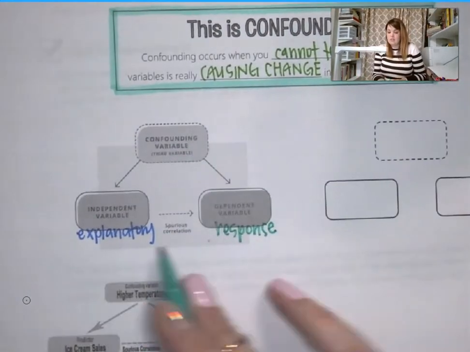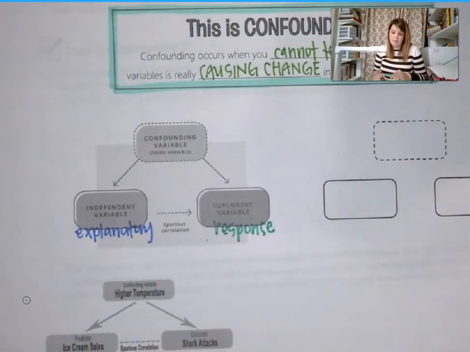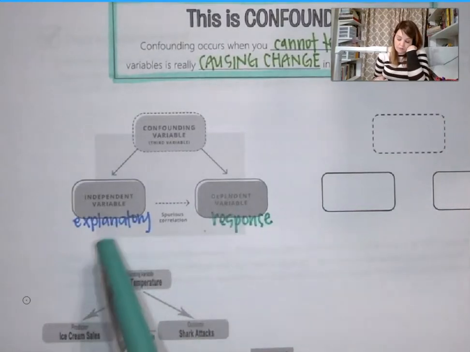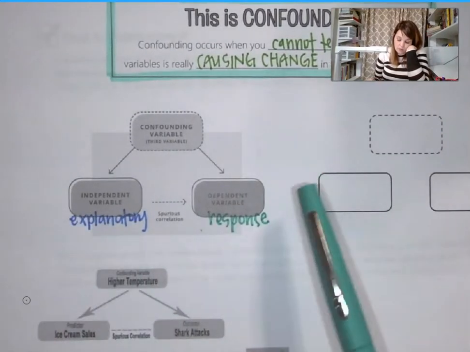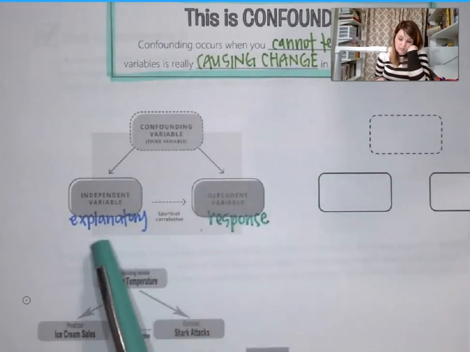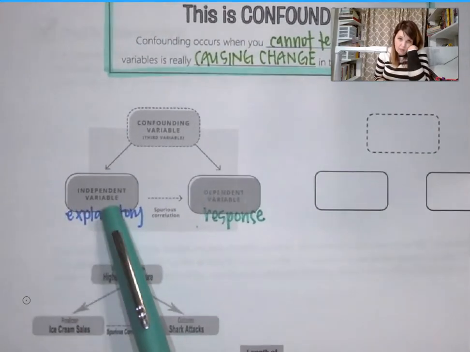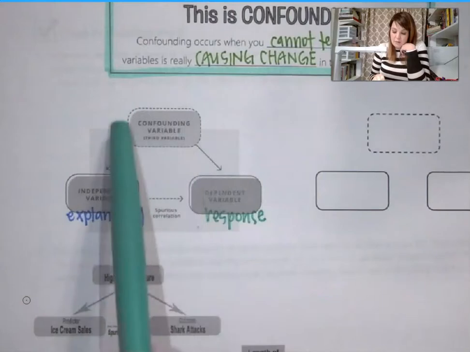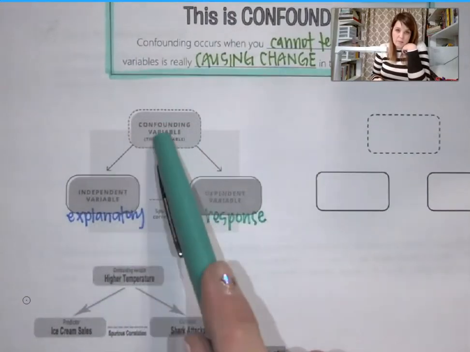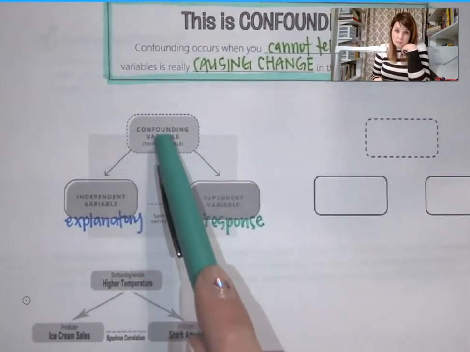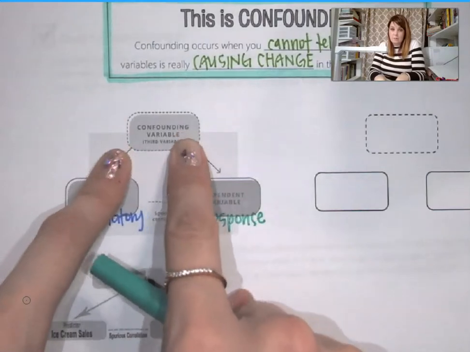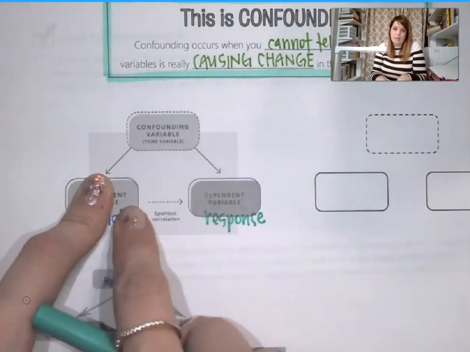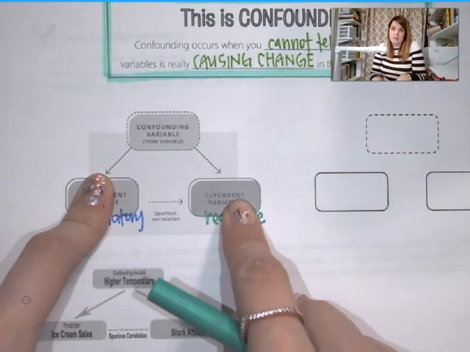So these descriptors, I think, make way more sense than independent variable, dependent variable. Really, we refer to them as the explanatory variable and the response variable. We think that this will explain the response in this. When we're talking about confounding, what's really happening is there's this third variable that is causing both of these, and that's what makes it look like this is the cause.